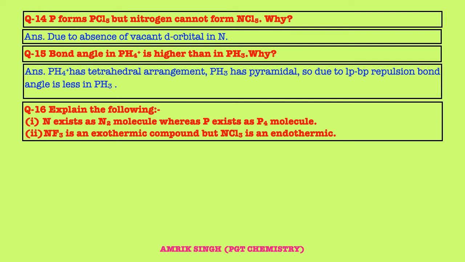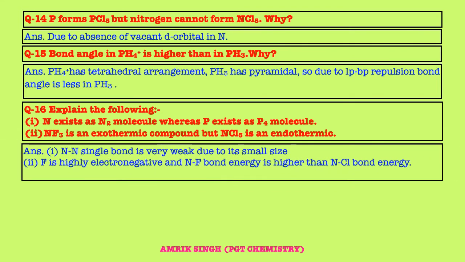And second, NF3 is an exothermic compound and NCl5 is an endothermic compound. Answer: N-N single bond is very weak due to its small size. इस कारण से N exists as N2 molecule and P exists as P4 molecule.